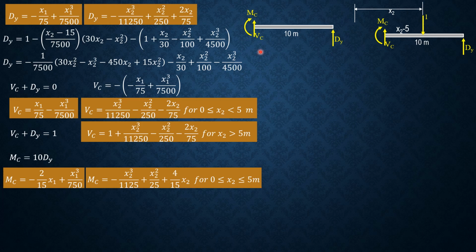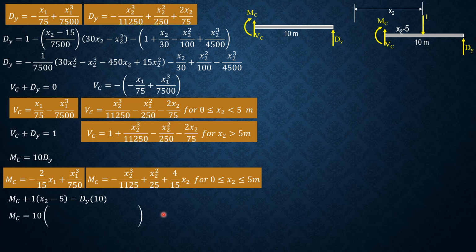For x2 greater than 5, this is the free body diagram. So M sub c plus 1 times quantity x2 minus 5 equals dy times 10. And this is dy in terms of x2.